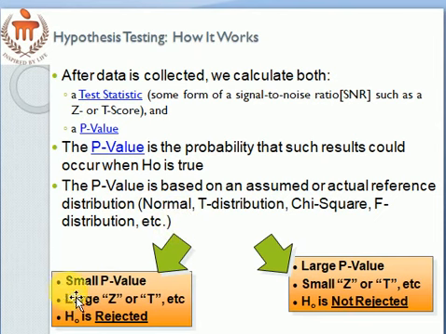That means if your p value is less than 5%, the null hypothesis will be rejected, so you have to follow the alternative hypothesis. And if p is large, that means if p is greater than 5%, we have to follow H naught, because the alternative will be rejected.